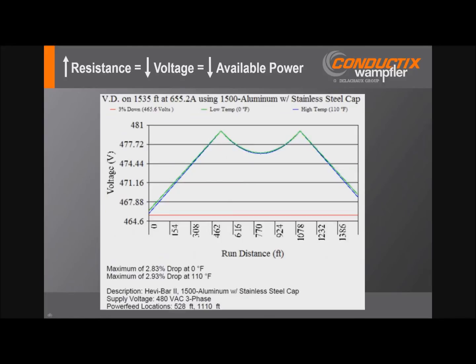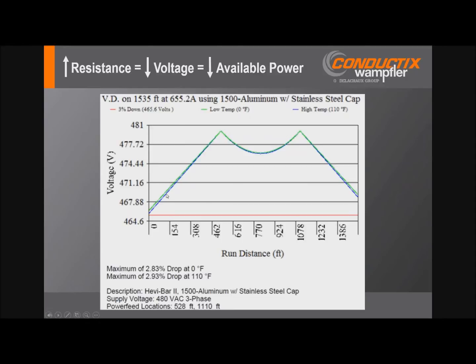So voltage drop from the feed to the vehicle is a function of resistance, of course, and its temperature adjustment, and of course the current demand. This graph shows the voltage profile for a section of power rail. It's about 1,535 feet. My apologies for not using metric, but we're on the order of 500 meters here. With 2 feed points located at 528 feet and 1,100 some feet, under a steady current of 655 amps.